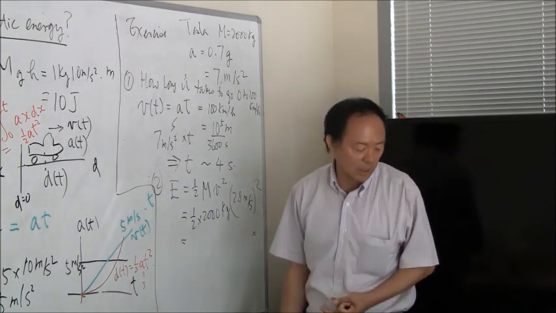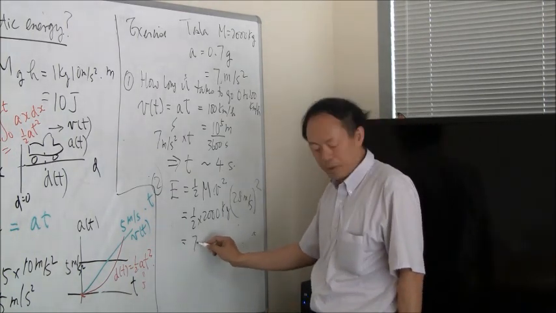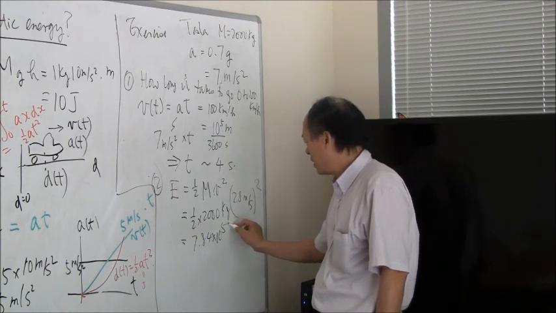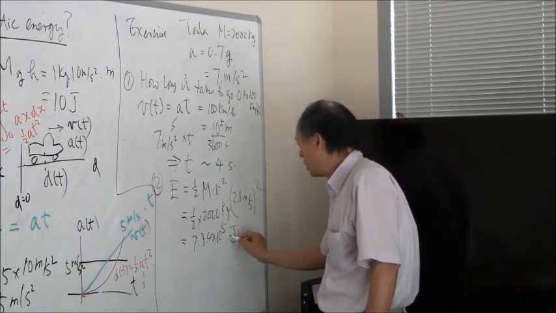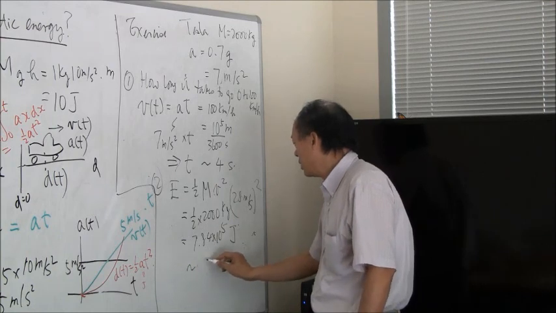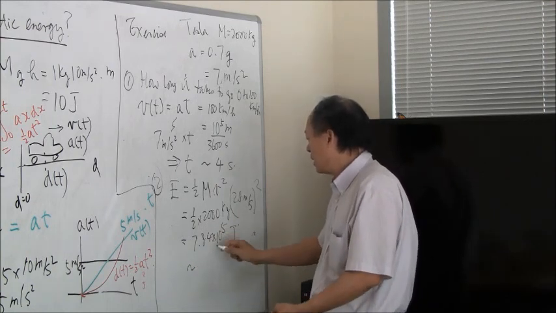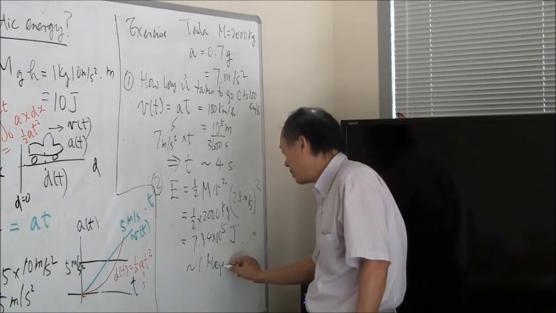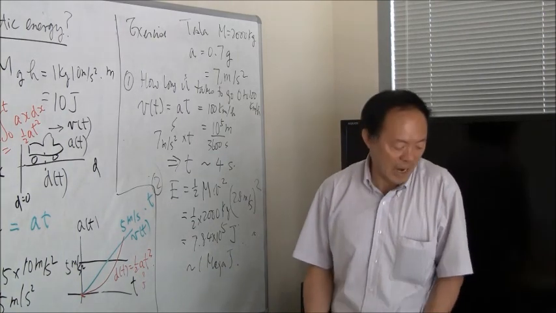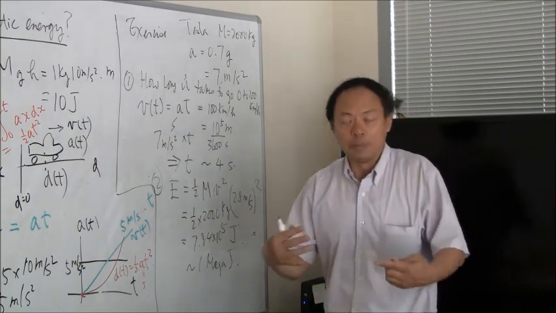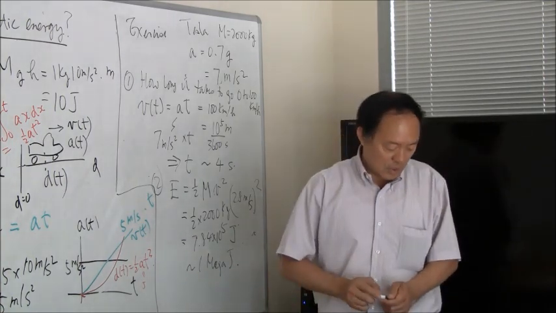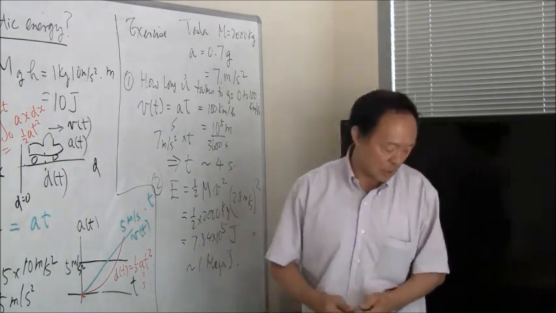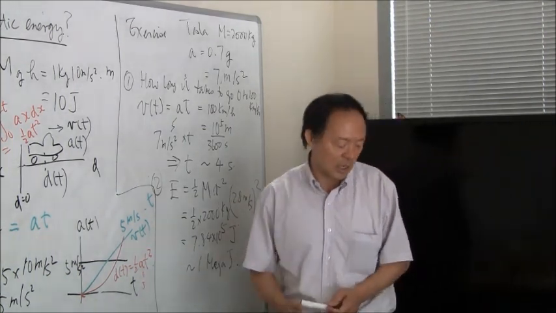If you do that calculation, you end up with 7.84 times 10 to the 5th joules, and that's roughly equal to about 1 megajoule. That's plenty of energy that you have to take out from the battery and convert into the kinetic energy of the Tesla.